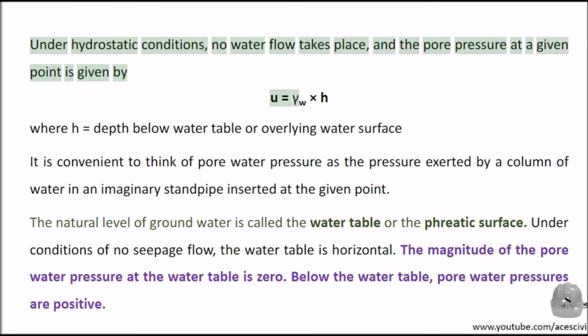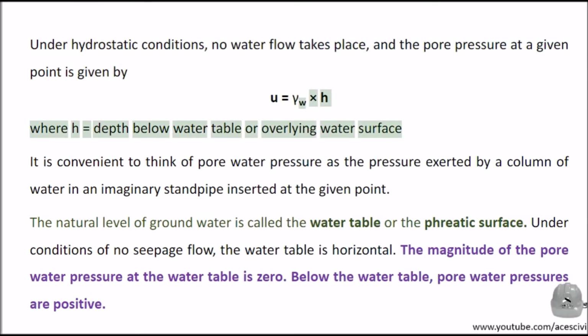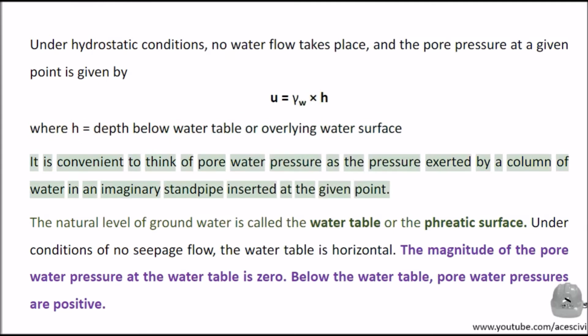Under hydrostatic conditions, no water flow takes place, and the pore pressure at a given point is given by u equals γw times h, where h equals depth below water table or overlying water surface. It is convenient to think of pore water pressure as the pressure exerted by a column of water in an imaginary standpipe inserted at the given point.